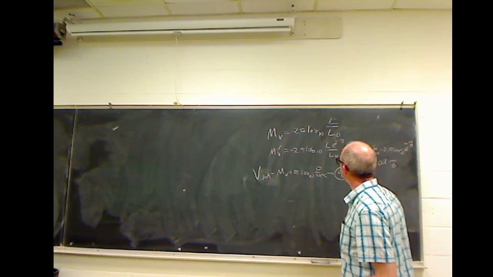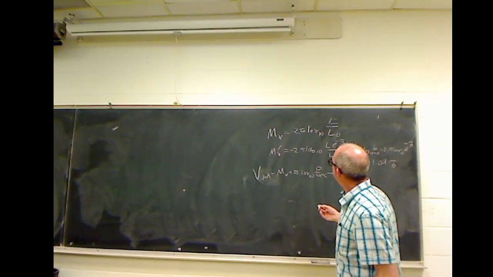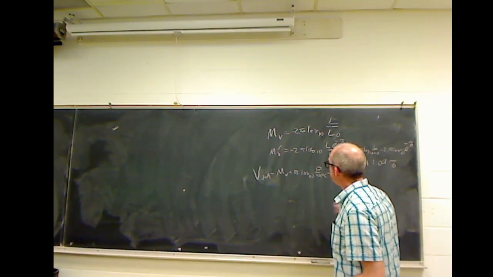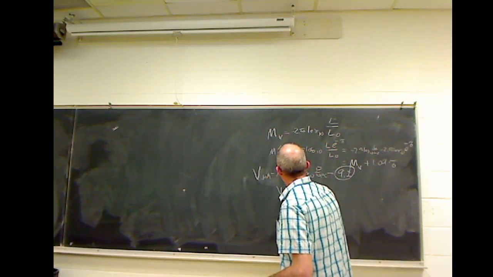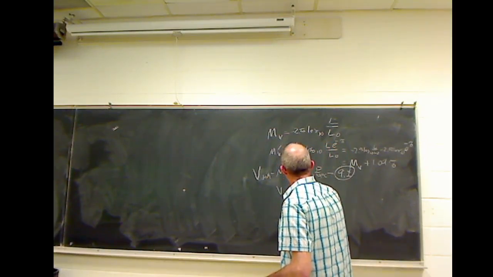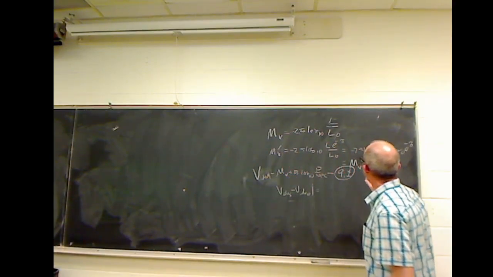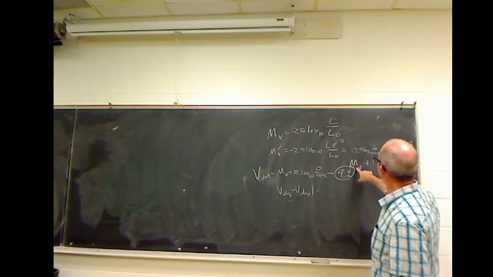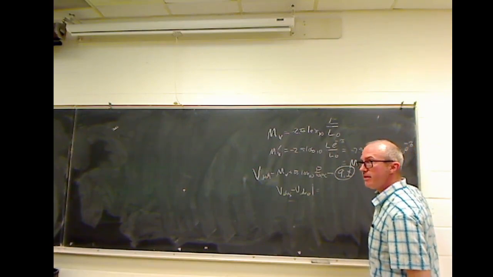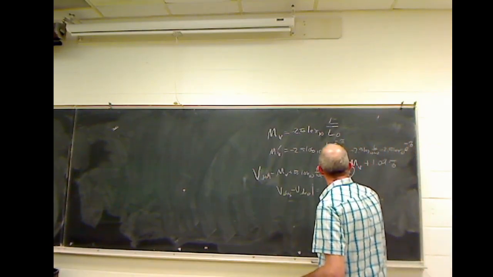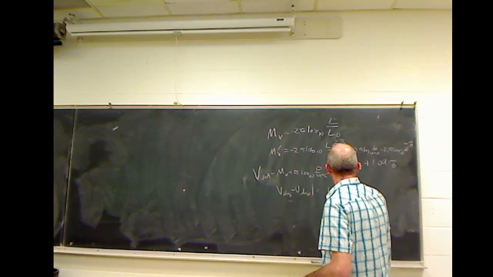So then we need to compute what the column density is. So we have V observed minus V ideal. Well, V observed is just going to be this part, and V ideal is going to add on this. So the difference is just going to be 1.09 times tau.